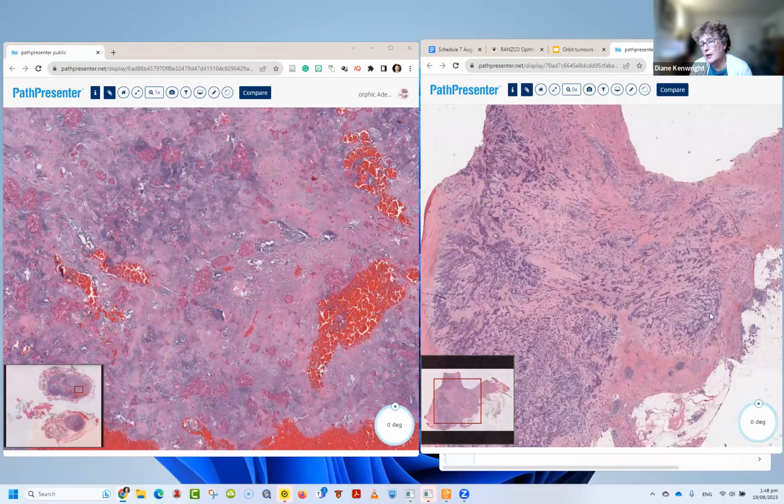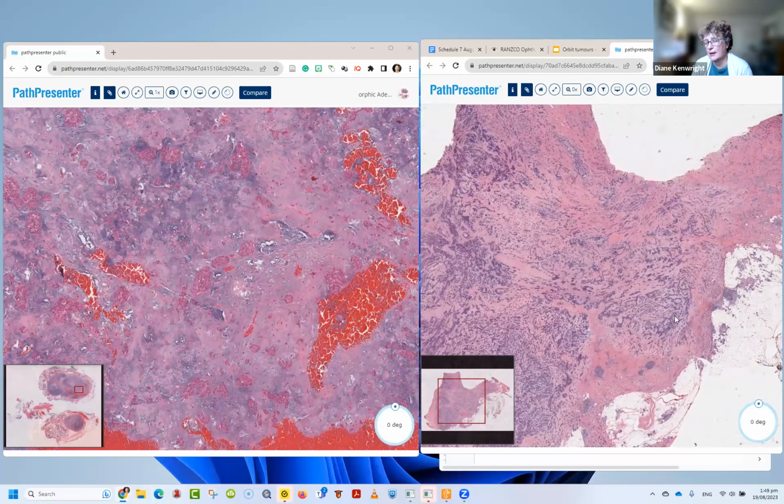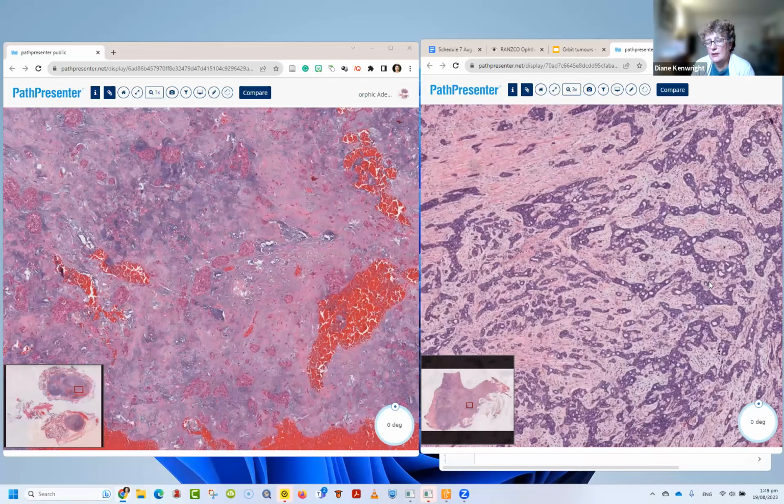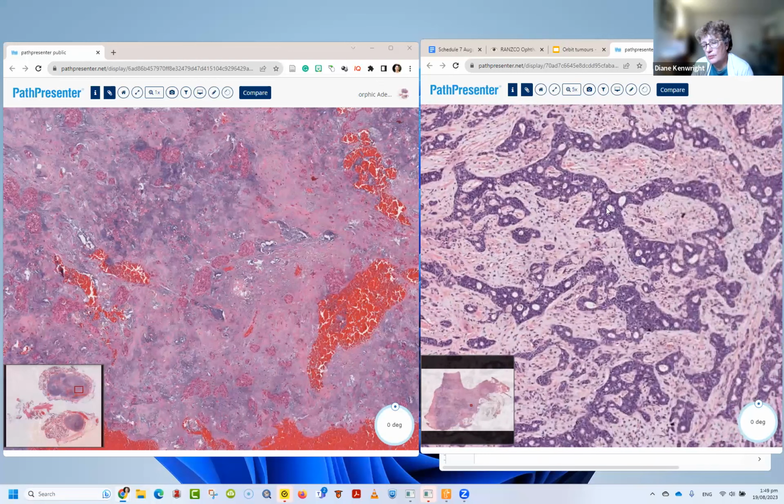So if an adenoid cystic carcinoma is low grade, it forms little round duct-like structures, and the grade 2 ones, they form cribriform areas, and then the grade 3 ones are solid without any cribriform areas. So everybody who's looking at this, tell me what grade this is in the chat. Yeah, everyone's saying grade 2 because they can see the cribriform areas.